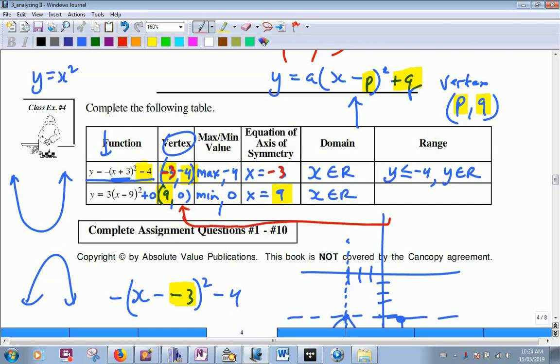The vertex y-coordinate tells you what the range is. And it opens up, so it's everything from that point up, and that point is 0. Okay? So again, the vertex tells you your range and it tells you your axis of symmetry.